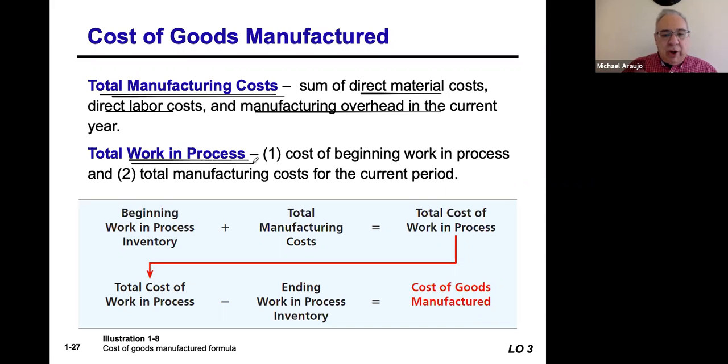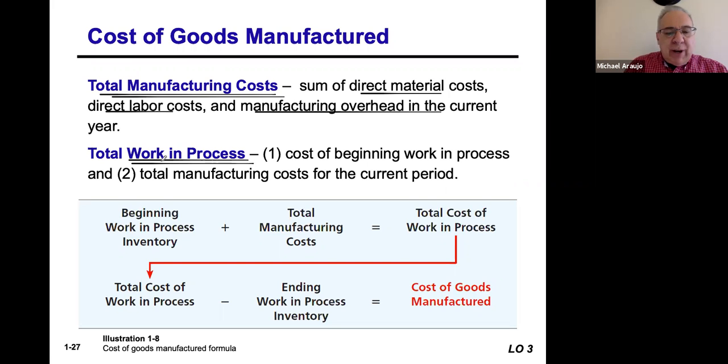That is the work in process. For your snowboard, it's a snowboard that's not done yet. You're in the middle of making it, but it's not quite done yet. That's work in progress.